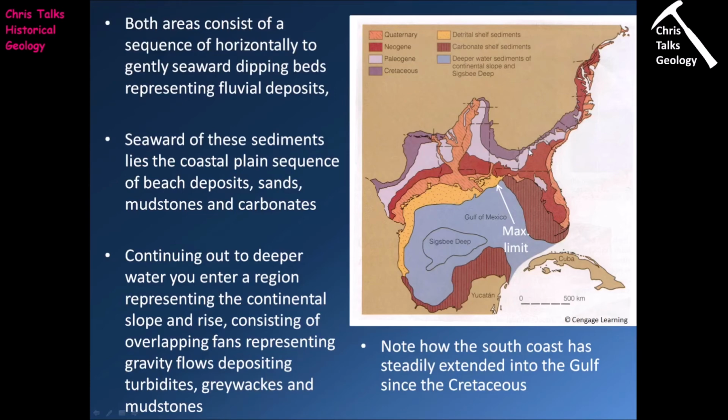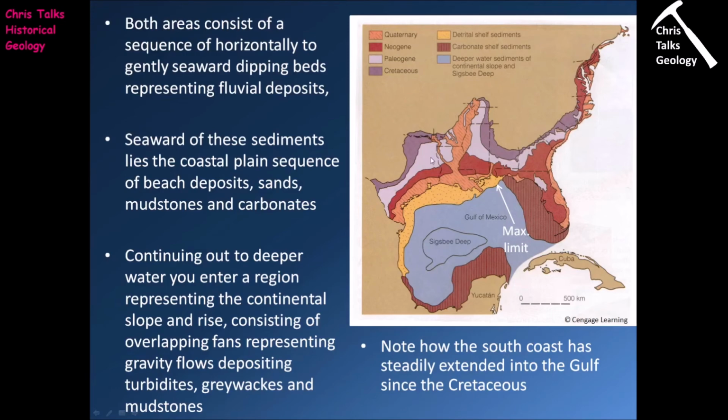So if we look at the Gulf of Mexico here, what we can see is this coastline here, essentially the edge of this brown area, marks the coastline at the end of the Cretaceous. What we can see here in the dark purple are sediments that were being deposited during the Cretaceous on the continental shelf.